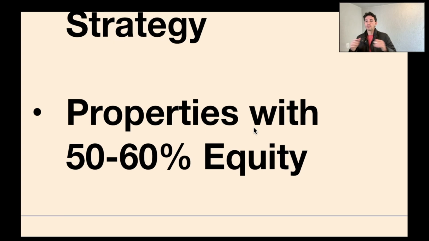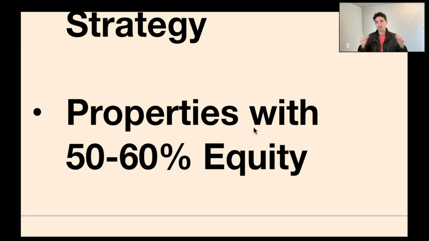Now, really important, depending on their equity, that is also gonna dictate the amount of down payment that you can give to the seller. For example, if it's free and clear, you can offer a high down payment to the seller. If they have a mortgage, that's where you need to offer less to the seller.